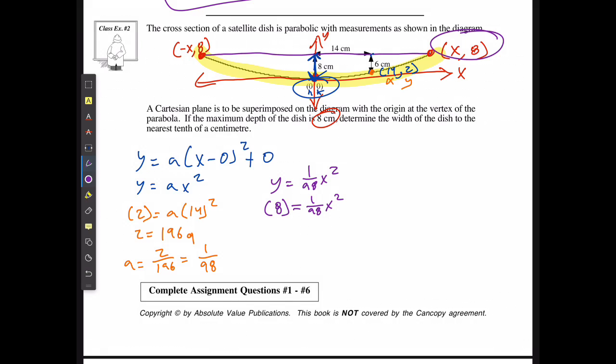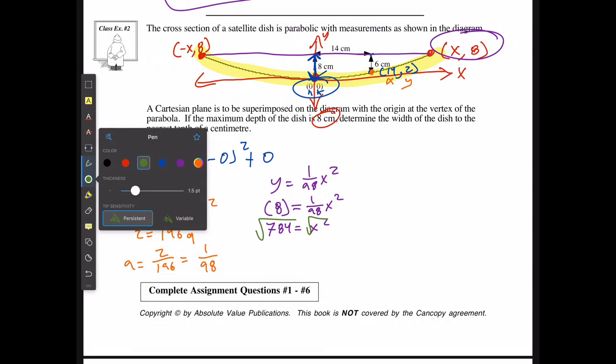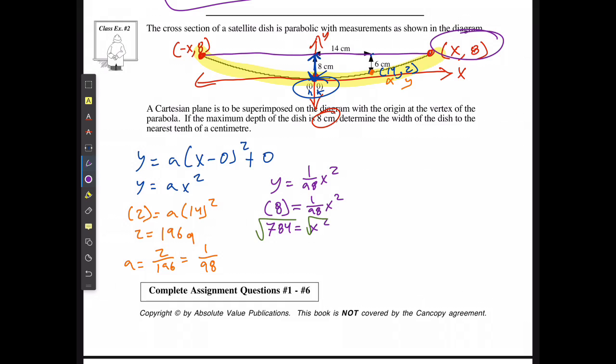So I'm going to divide both sides by 1 over 98, and I'm going to get 784 is equal to x squared, and then I'm going to take the square root of both sides and state that 28 is equal to x.